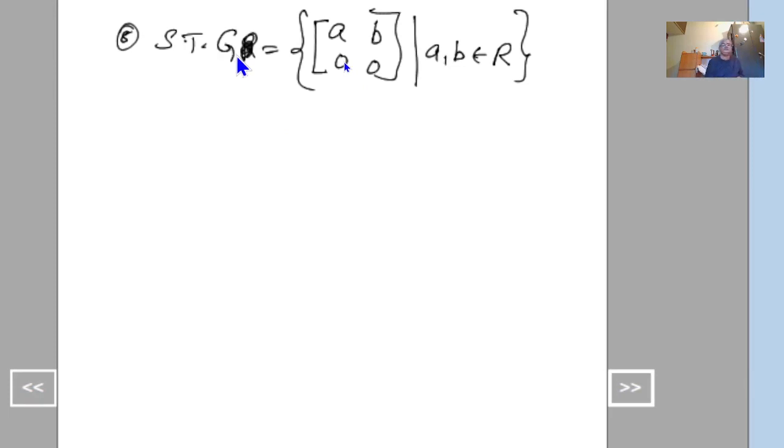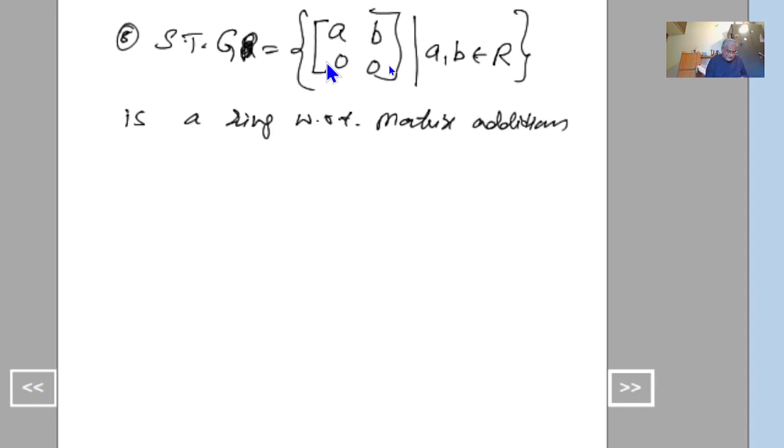Let me write this as G. G equal to this set is a ring with respect to matrix addition and matrix multiplication.